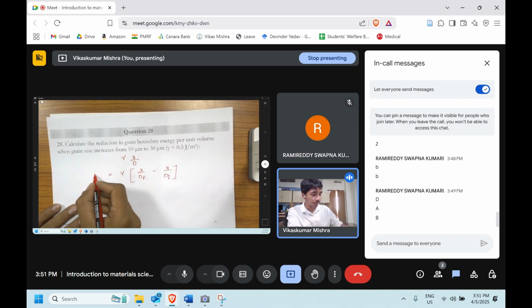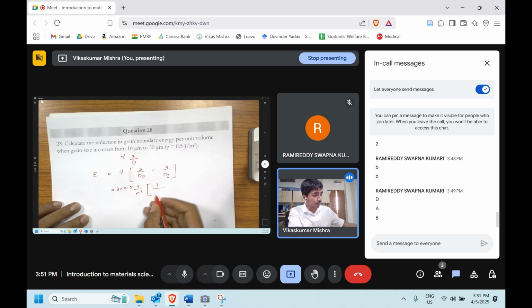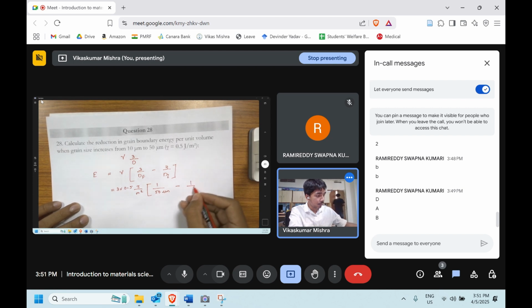This is the energy which we have to calculate. We substitute all the values. It's 0.5 joule per meter square. 3 we can take out. Final diameter is 50, in micrometer, minus initial diameter 10, again in micrometer.